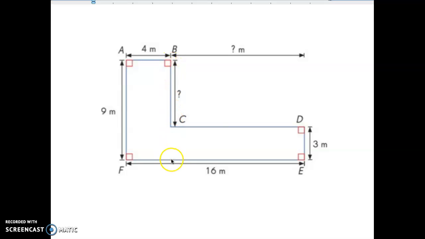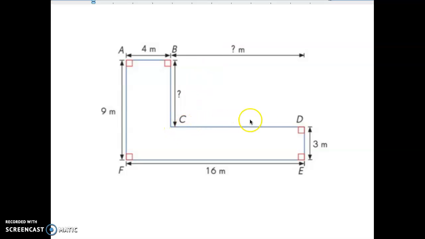And have this rectangle over here, which we're not sure, we'll figure out this side, but it has one length of 3 meters here. Now, if this whole length is 16, and we know that part of it is 4, don't forget this whole thing is 16. So if the whole is 16 and part of it is 4, we subtract that and know that this length is 12.